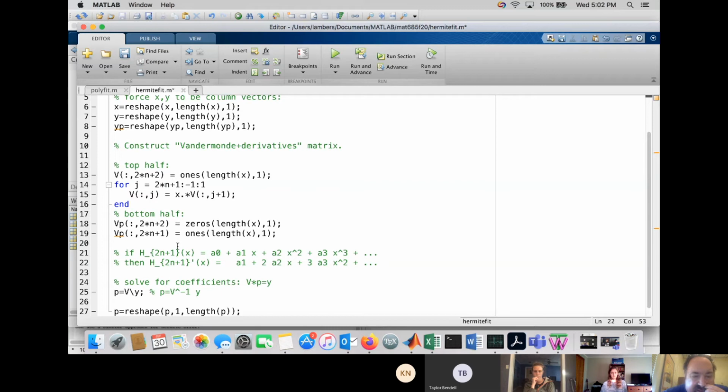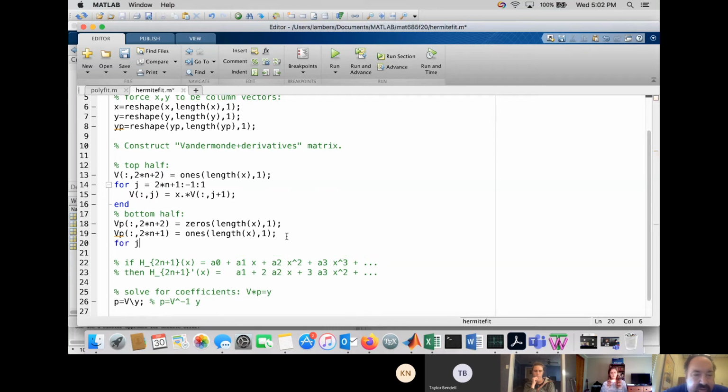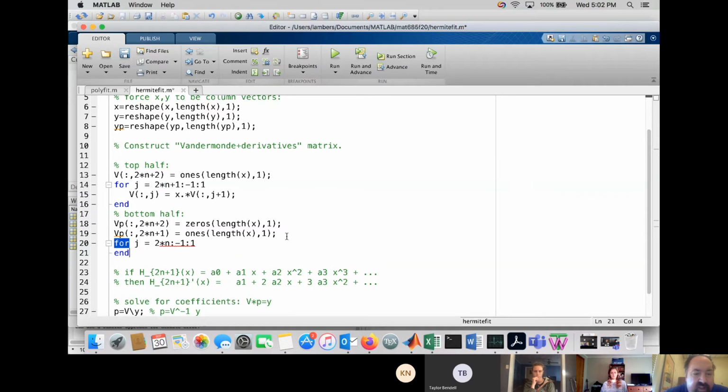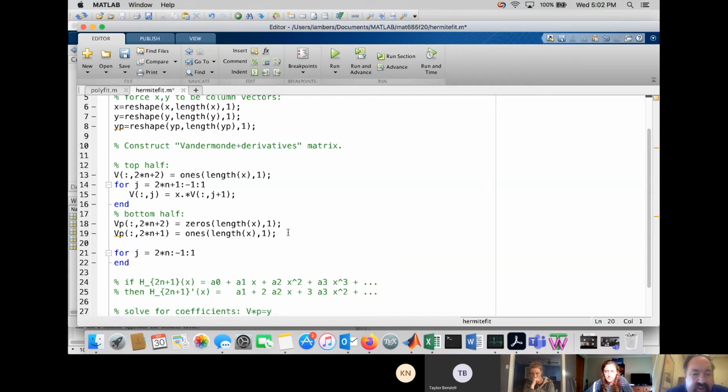All right, so let's see. I need a loop to account for the rest of the columns. Now, unfortunately, I can't just keep multiplying by x because I have a different coefficient every time. So I'm going to set a new vector xj to initially be x.